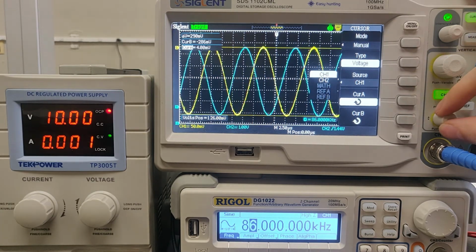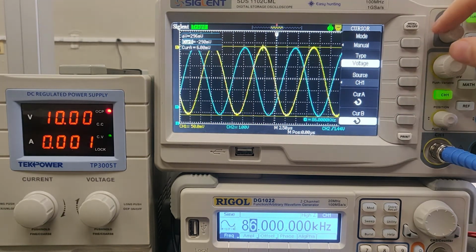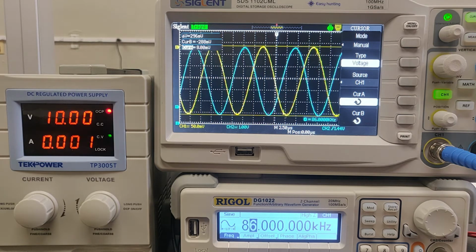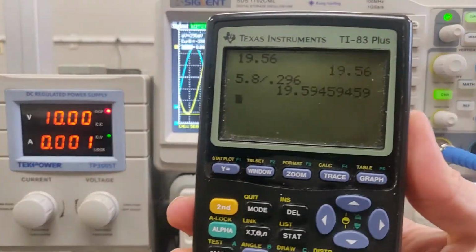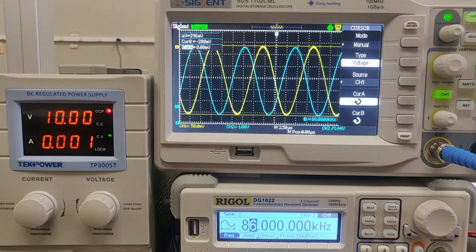If we adjust, channel 1 is the real one that I need the cursors for because it's a small signal. It was around 0.296. So 5.8 over 0.296 gets us to 19.59, which is within, I don't know, 300ths of a way. I think that's pretty good.